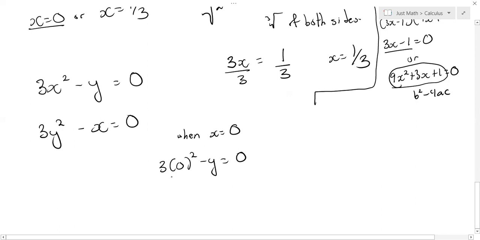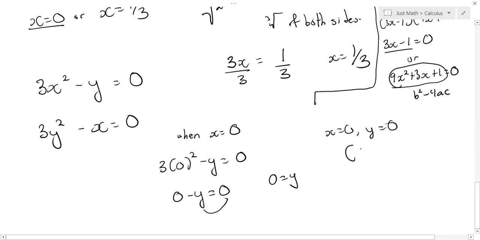So 0 squared is 0, and 3 times 0 is 0. Minus y equals 0. So y is equal to 0. So when x is 0, y is equal to 0.